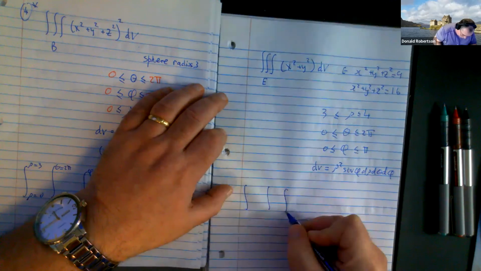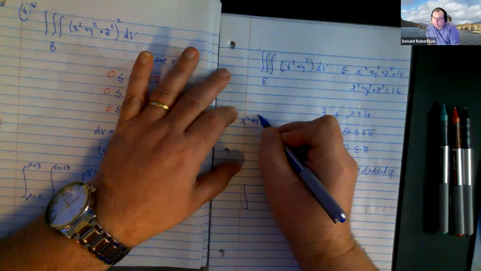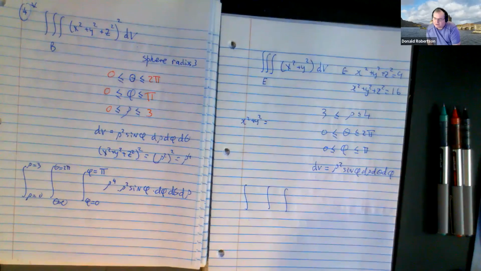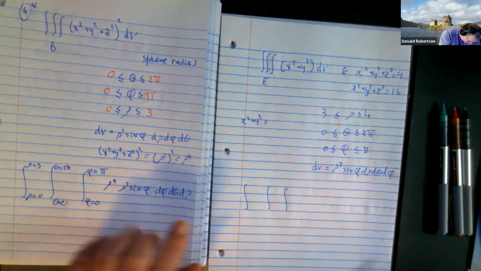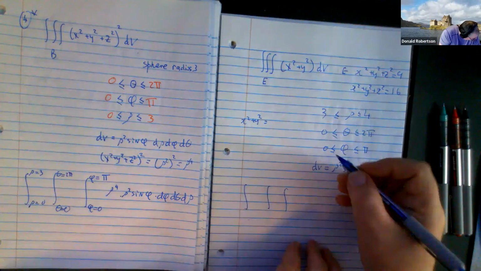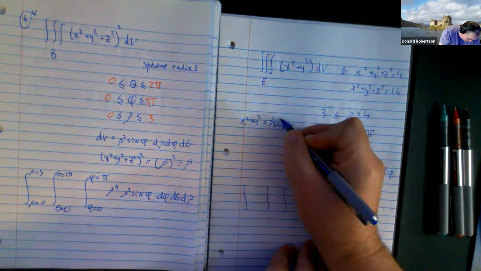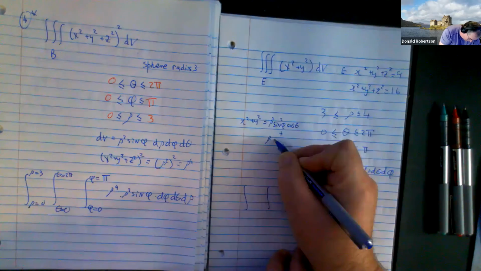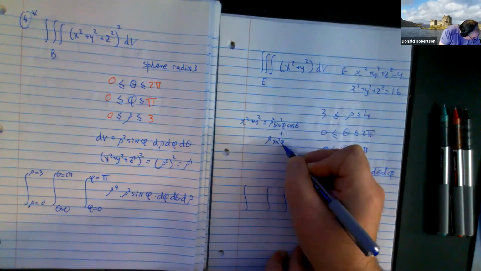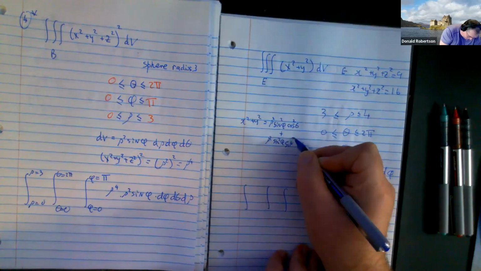We'll have one more guy to do. I'll do it over here. Don't I still need to figure out what x squared plus y squared is? Great. And so x is going to be rho sine phi cos theta, and y is going to be rho sine phi sine theta.